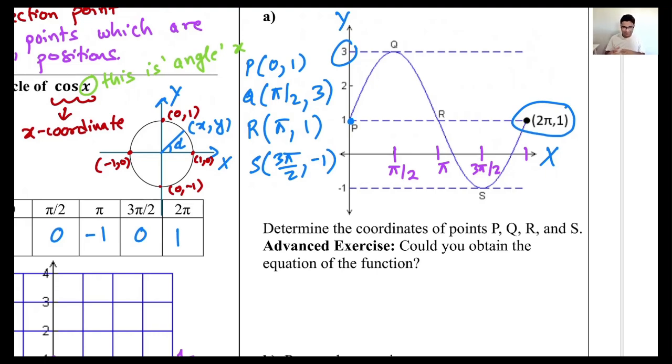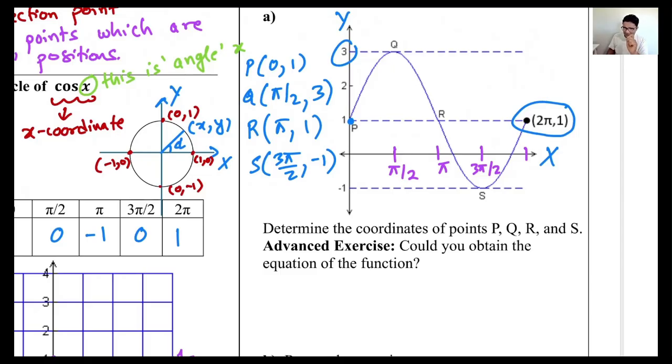And will that help us write its equation? Now, this is an advanced exercise, not advanced beyond this course, but we will be studying this at depth very soon, but we are trying to take a shot here. Can we use our understanding so far to do this?